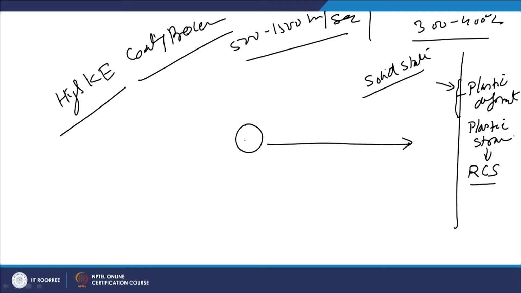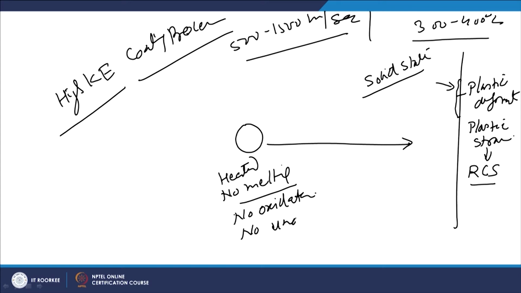The powder particles are just being heated, there is no melting, and since the rise in temperature of the powder particle is very limited, there is absence of melting, there is no oxidation of the material which is to be coated, and there is no undesirable metallurgical transformation.